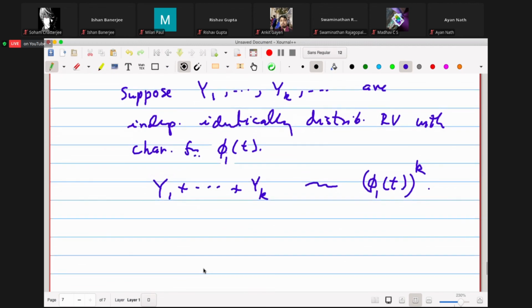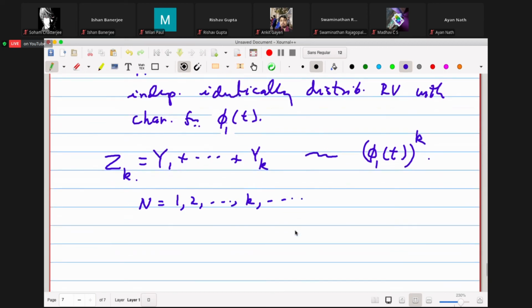You call this z sub k. Now it is like, you keep tossing a coin several times, so you allow for a new variable n. n takes values 1, 2, 3, etc., k, etc., and consider the random variable which is z subscript n.